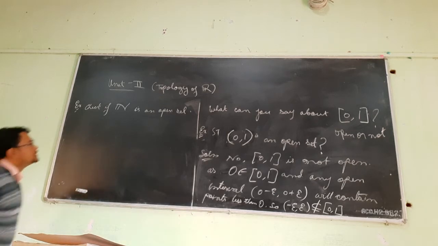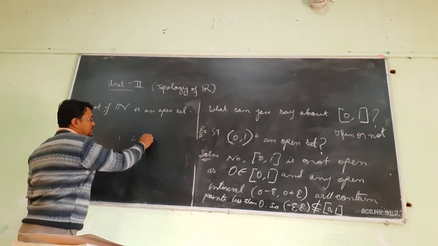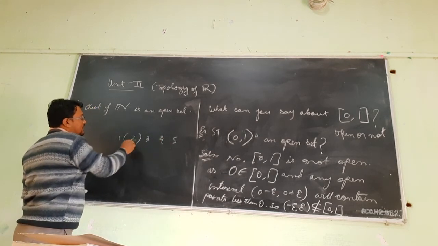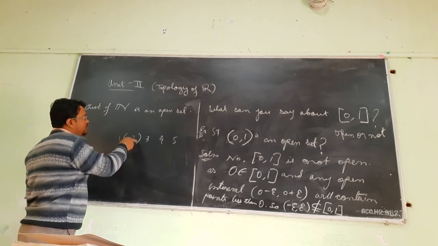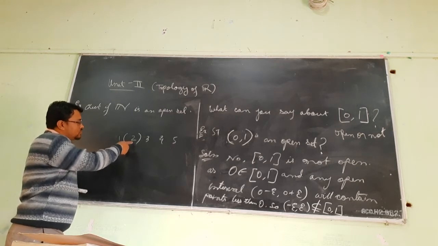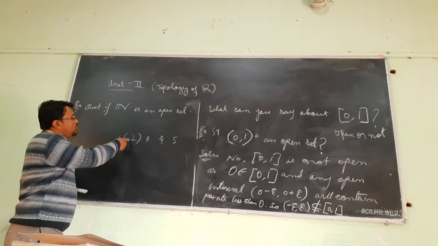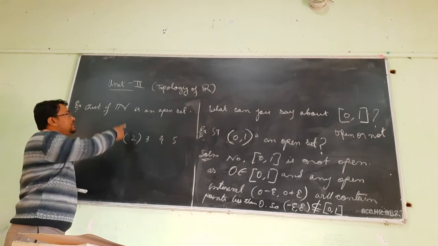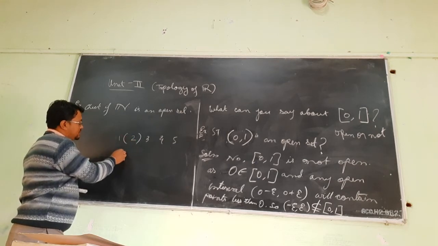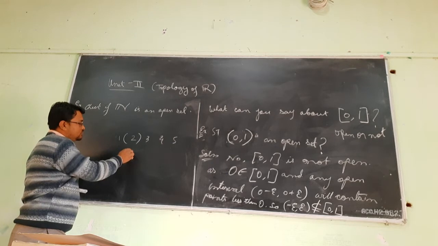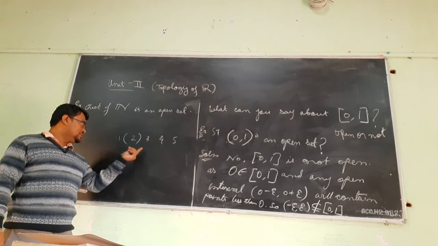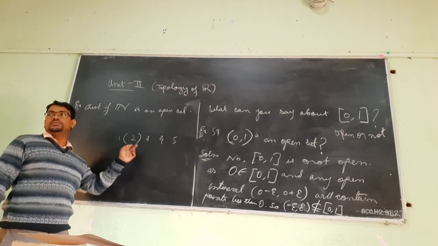These are the natural numbers: 1, 2, 3, 4, 5, 6. Say for 2, you can never find an open interval which is a subset of the natural numbers, because every open interval containing 2 will contain some points which are not natural numbers, like 2.1, 2.2. Between any two real numbers there exist infinitely many real numbers, rational and irrational.